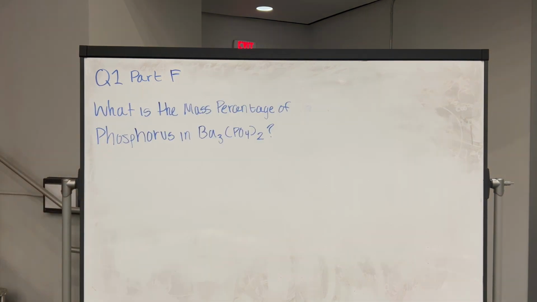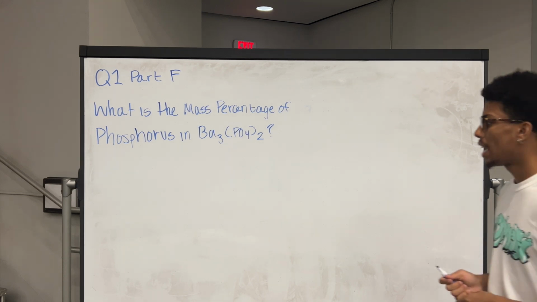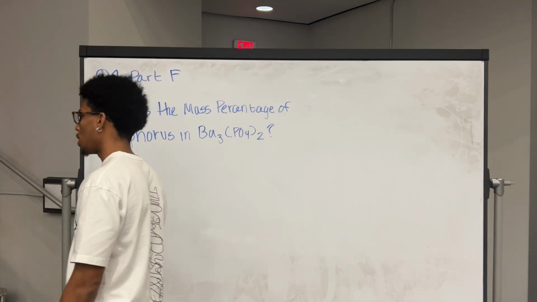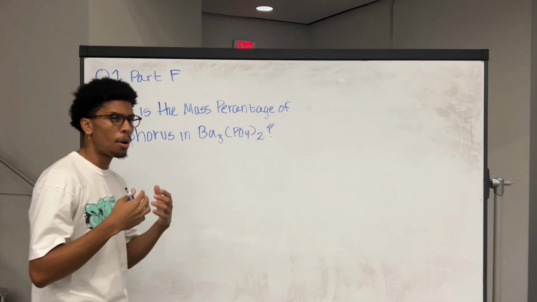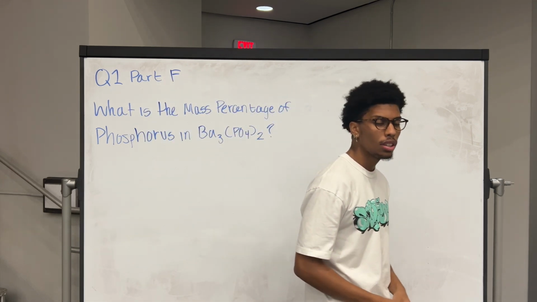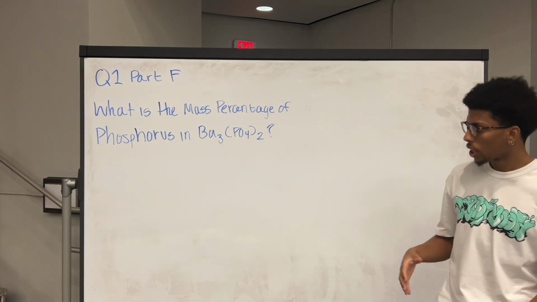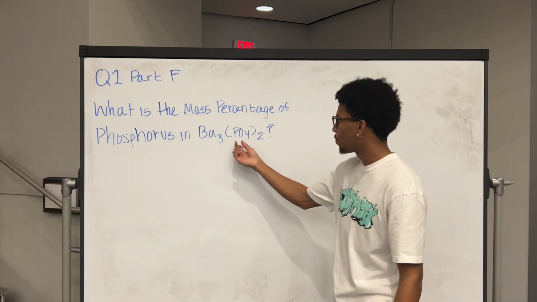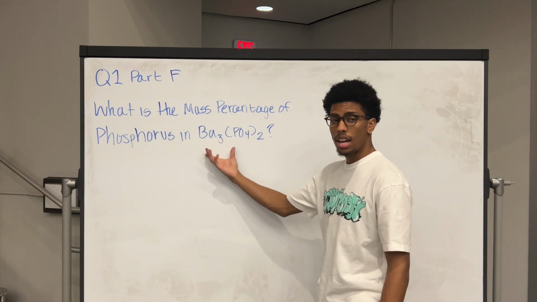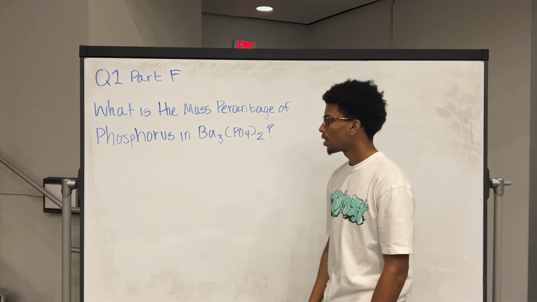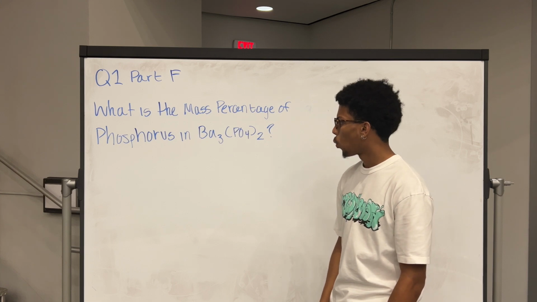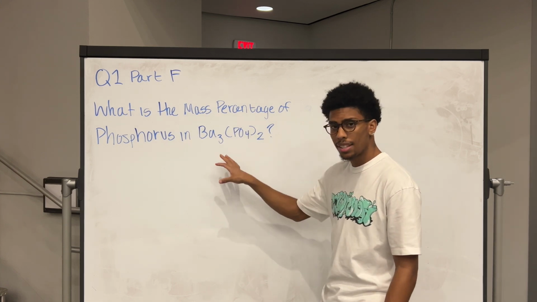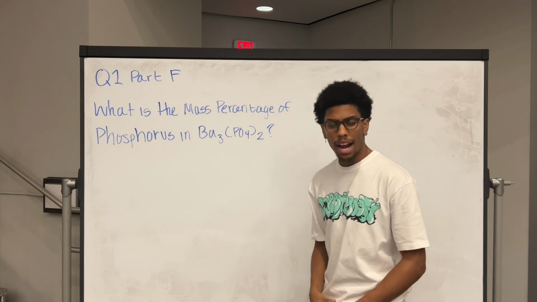For question 1, part F, it asks us, what is the mass percentage of phosphorus in barium phosphate? Percentages are just parts divided by the whole, so it's just a ratio. We want to understand how much phosphorus is in this entire compound. We're talking about mass, so we're going to try to find the mass of phosphorus in this compound and the mass of the entire compound.